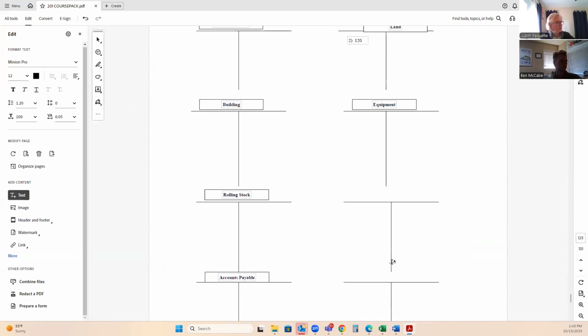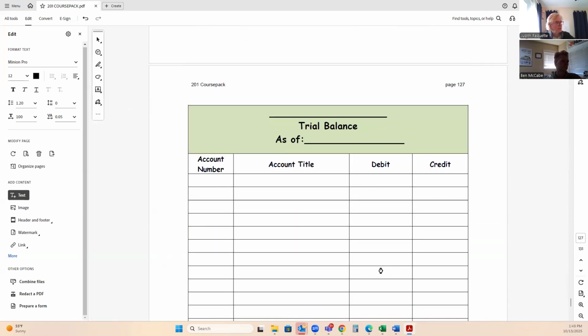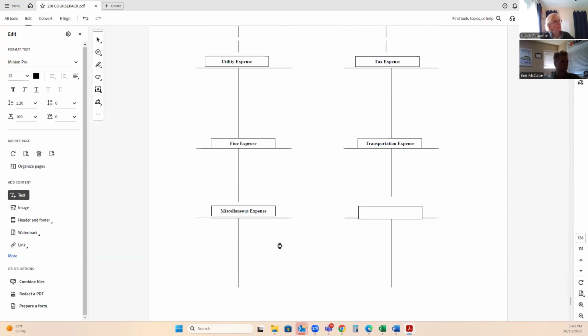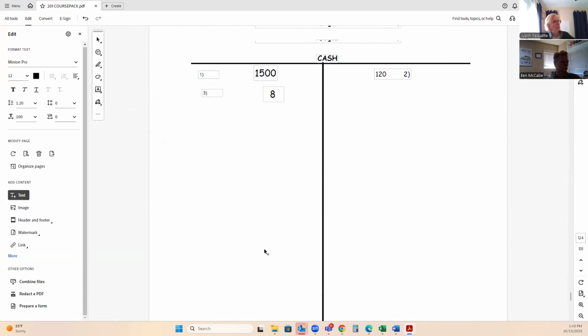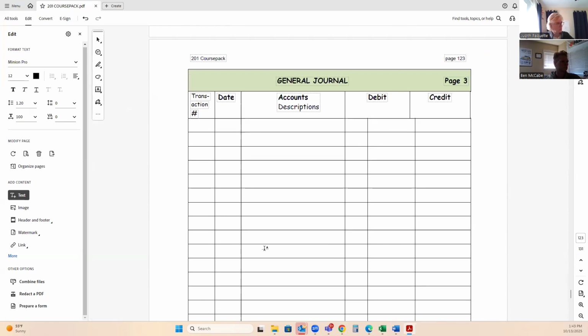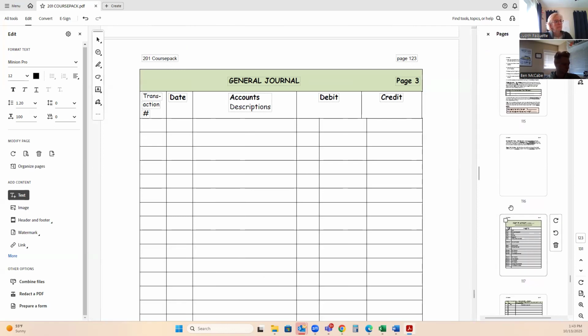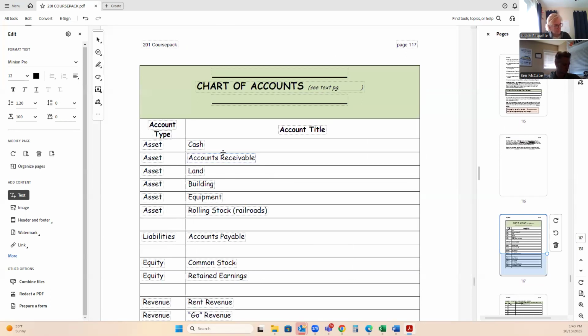And then from there, you'll put the name of your company as of 10/9, and don't worry about account number, just do the title, cash, and so forth, in the same order as the chart of accounts, but only put the account title in if it has a balance. If it doesn't have a balance, don't put it on the trial balance.